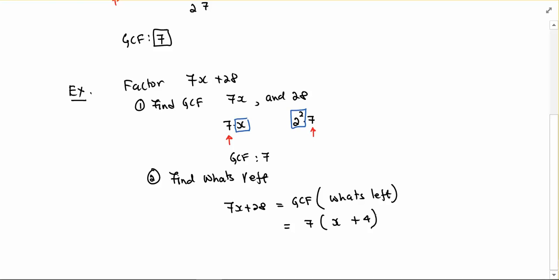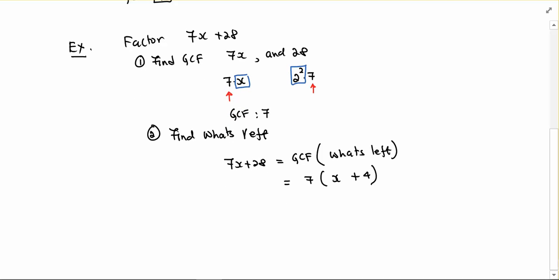And you can see that what we have done is essentially unmultiply 7x plus 28. You can always check to see if we did this right by multiplying. So we can always distribute and check if this actually works.